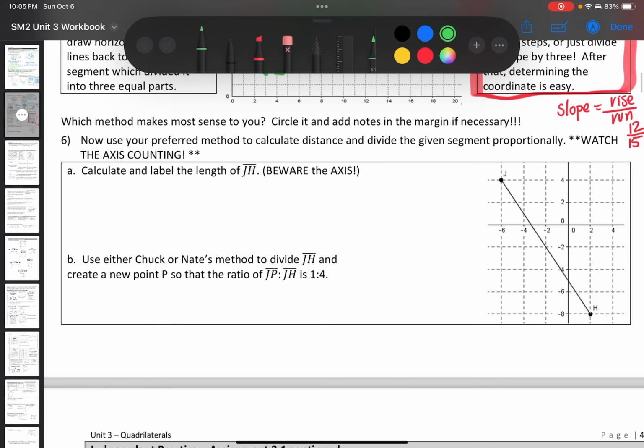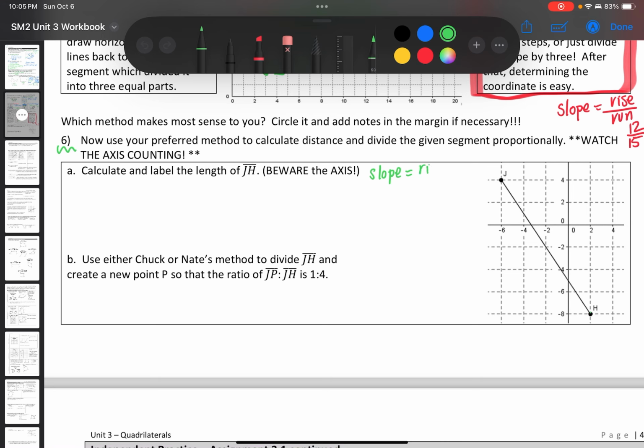Now use this method to calculate the distance and divide this segment proportionally with number 6. We need to watch the axis counting, meaning be careful where the slope is.